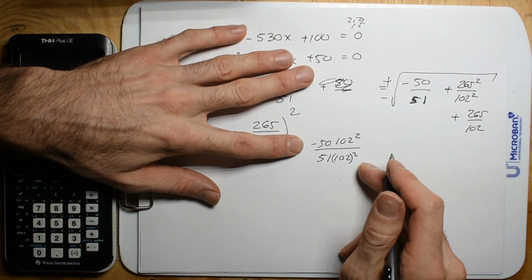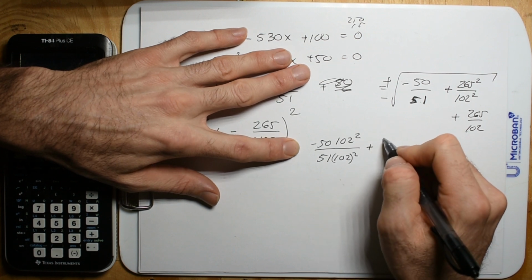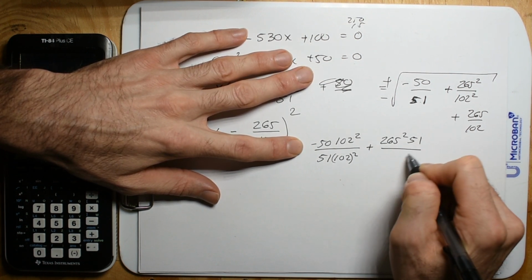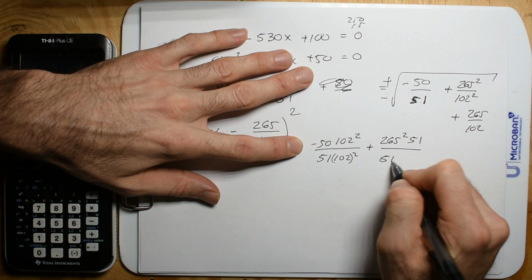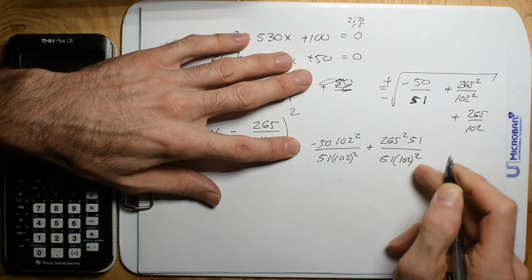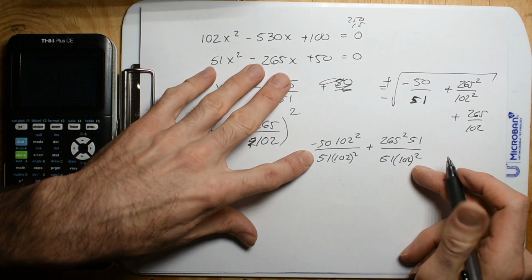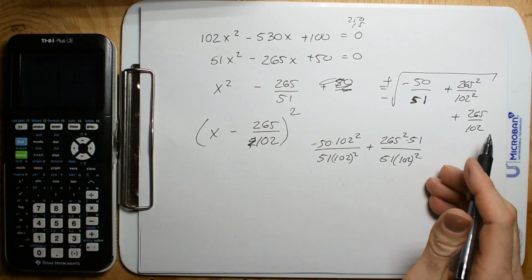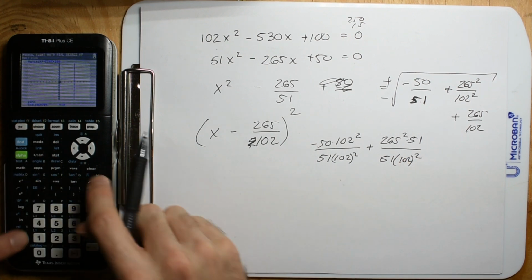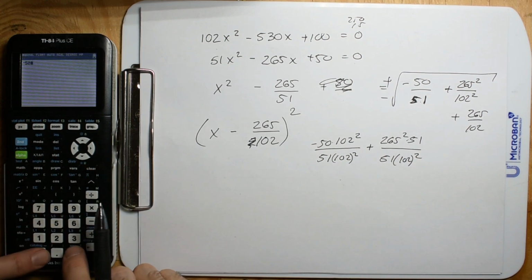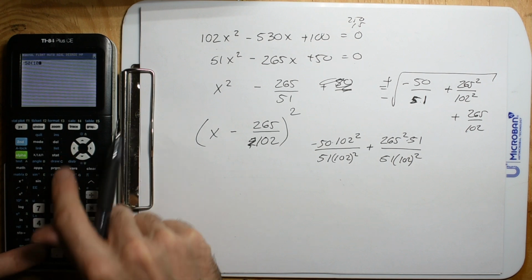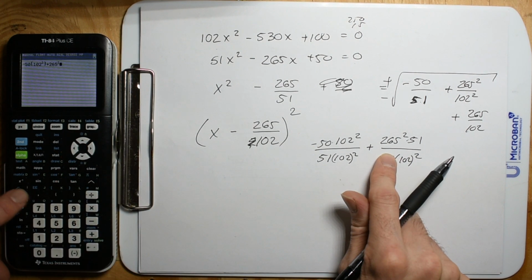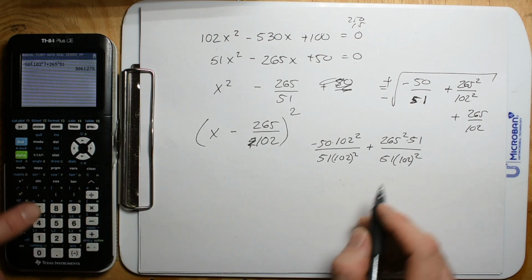And then I'm going to add it to 265 squared times 51 over 51 times 102 squared. Alright, so the denominator is the same. Now I can add the numerators. And again, I'm going to throw in the towel on just getting a number for this. So we got negative 50 times 102 squared plus 265 squared times 51.